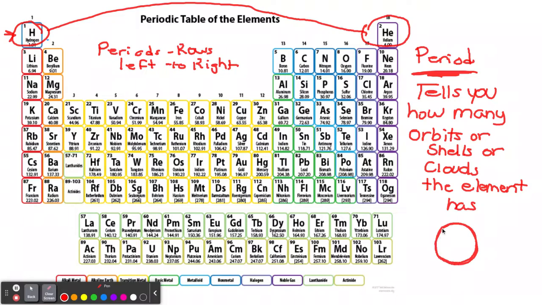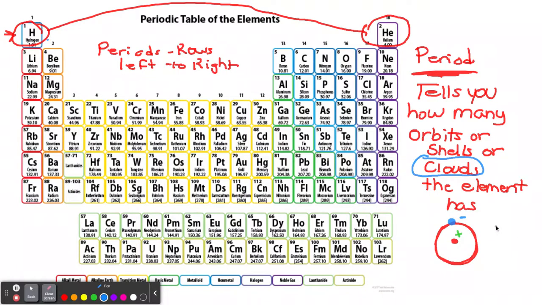If we're making a Bohr diagram, Niels Bohr made this diagram up, hydrogen has one proton, not protein, one proton, which is positive. And it has one electron, which is negative. That's all hydrogen has. But you see it has one orbit, one shell, one cloud. And of course, more people are calling it clouds nowadays, or energy levels. So it is in the first period.